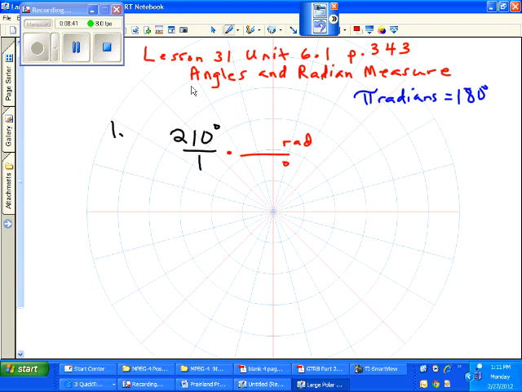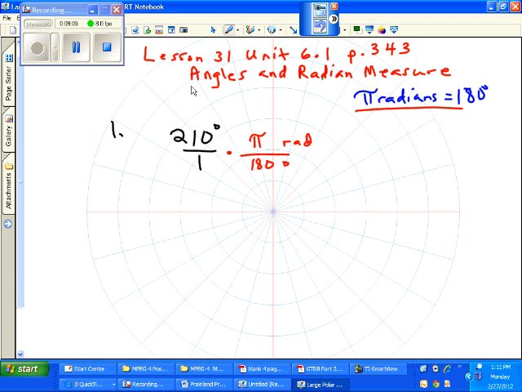And then we look at our conversion. Pi radians is 180 degrees. We're converting from degrees to radians. Lose the name degree, gain the name radian. All we needed to know was our conversion factor. Okay? So we're going to have to cross-reduce.